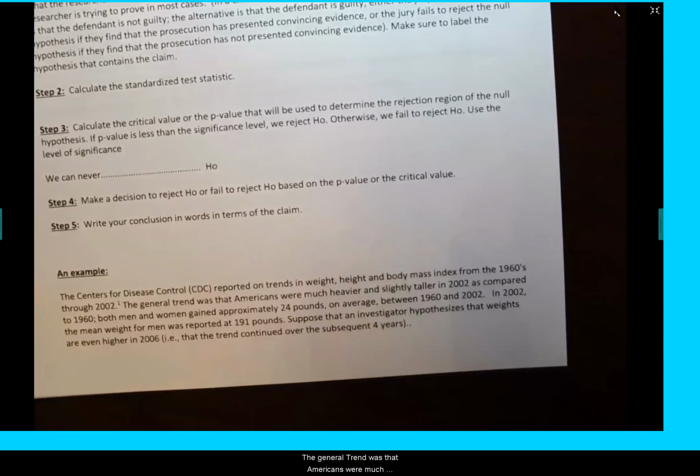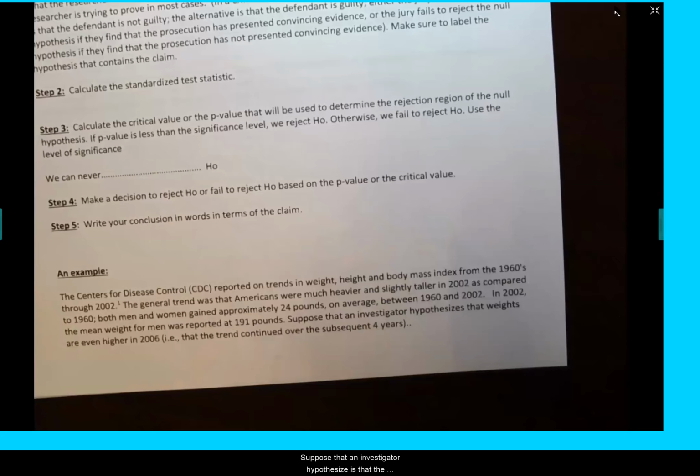The general trend was that Americans were much heavier and slightly taller in 2002 as compared to 1960. Both men and women gained approximately 24 pounds on average between 1960 and 2002. In 2002, the mean weight for men was reported to be 191 pounds.